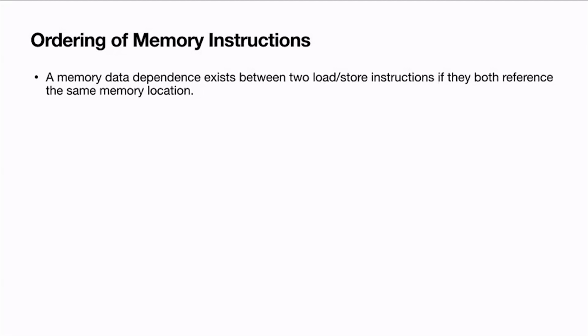Because R1 is common, we say multiply is data dependent on add, by just looking at the register address. We are not looking at what is inside the register. We just look at the name, the identity of the register, like a register tag. So in the case of ALU operations, all we need is to compare the registers. If both use the same register, we easily identify that they are dependent.